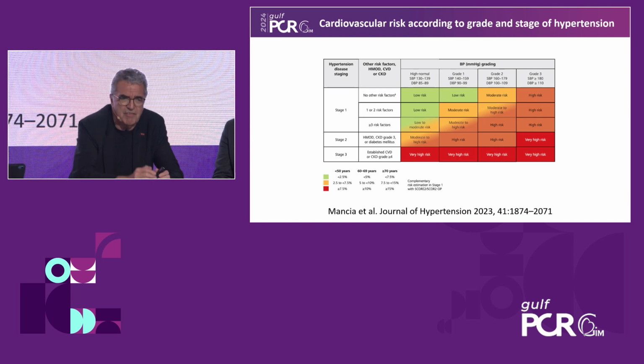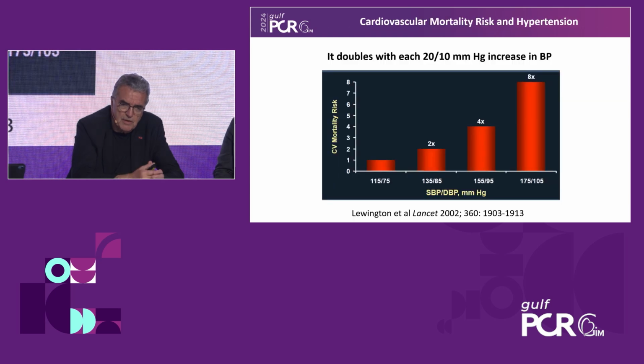The stage is defined by the association of risk factors from 1 to 3, and the grade is from high normal to 2 to 3. You can see in red that when the grading increases and when the stage of hypertension increases, the cardiovascular risk is very important. And so that is the second reason to treat this patient.